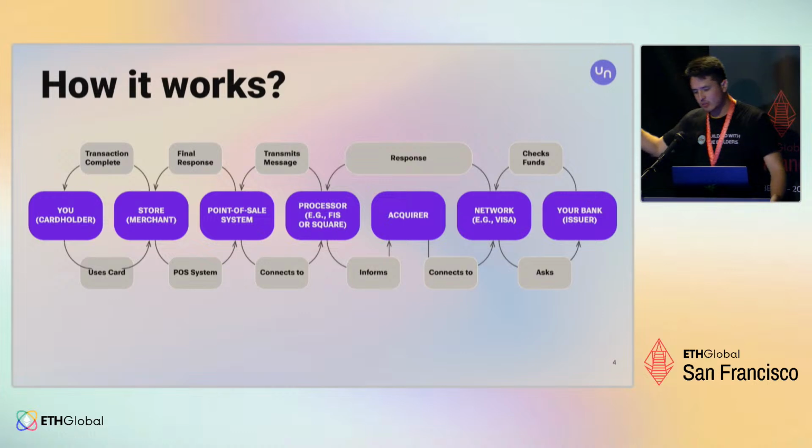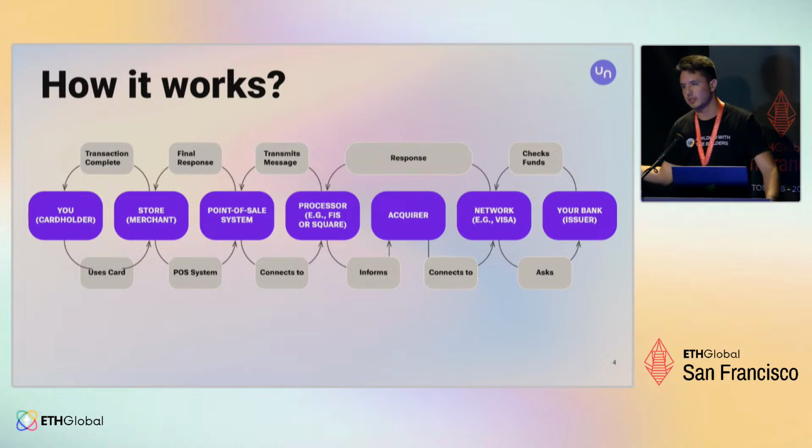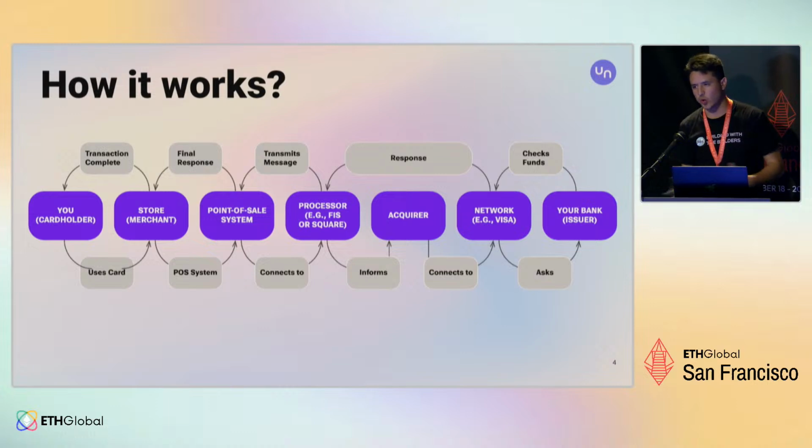That network immediately asks your bank account whether you have sufficient funds or not. If it's sufficient, the processor transmits the message, and the POS gives the final response to the merchant, and the transaction is complete. So basically, that's the traditional structure, and that's how it's been working for the last 2 or 3 decades.